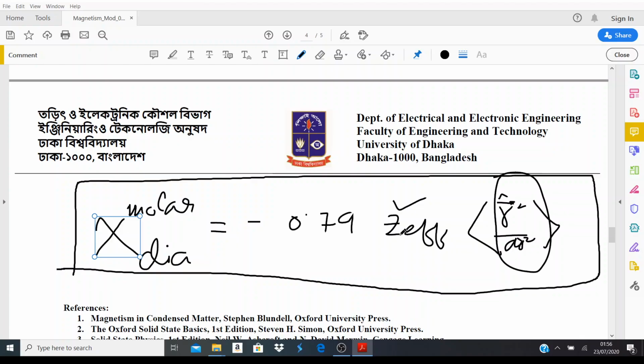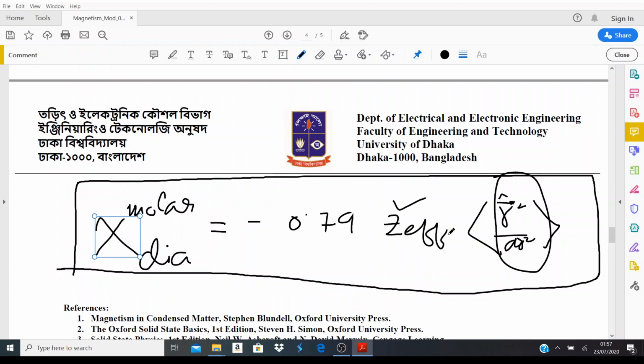So I told you this is a Kanban approach I am taking. I have told you most of the things, or all of the things, that you need to know in quantum mechanics to understand this diamagnetic behavior. Now, you will see in the lectures to come, I will explain some more things from the framework of quantum mechanics to understand paramagnetism. So this is the approach I was talking about.